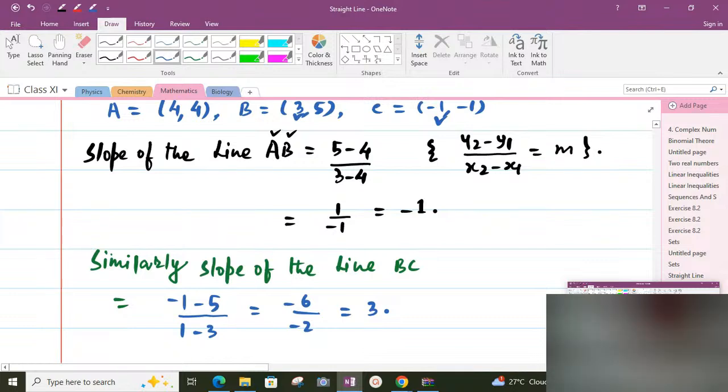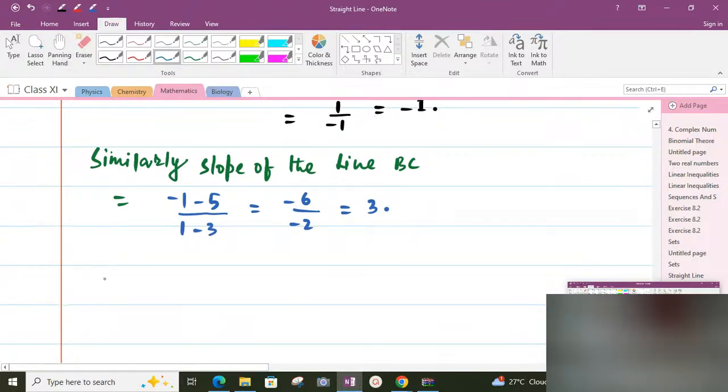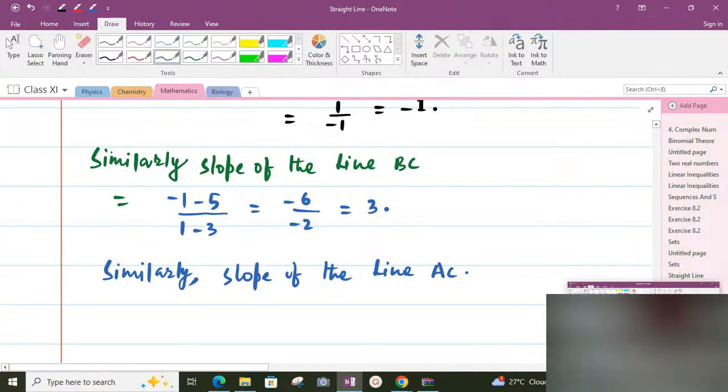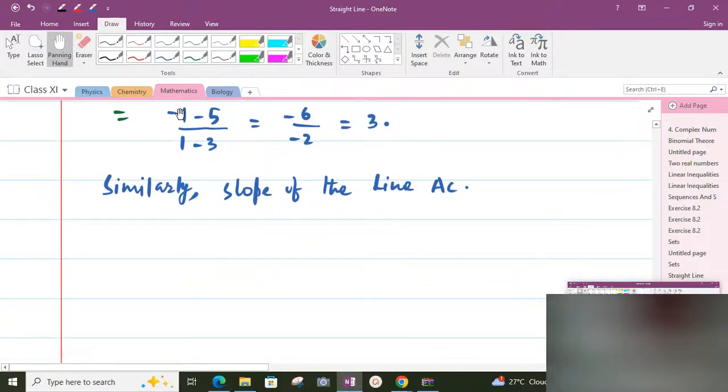Similarly, we find out the slope of the line AC. Again we recall the formula y2 minus y1 by x2 minus x1.